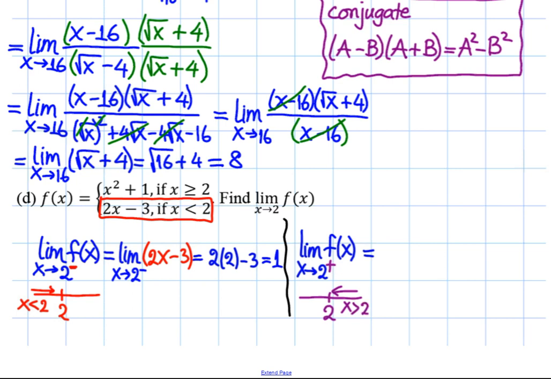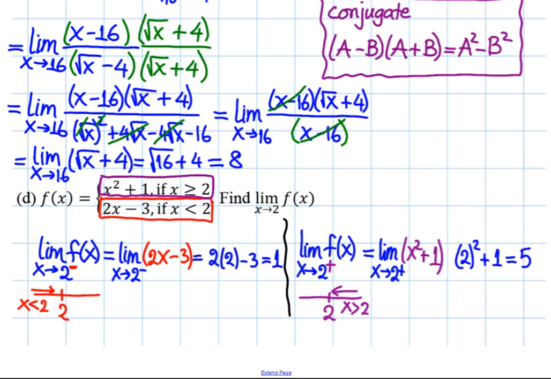So we have to use this piece of the piecewise function. Now the function will be equal to x squared plus 1. And I'm going to put 2 in for x. And that is equal to 5. We will make it equal to the limit.